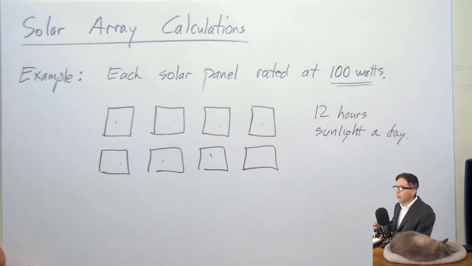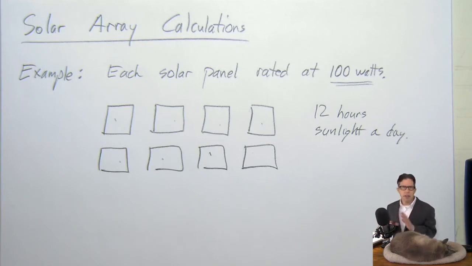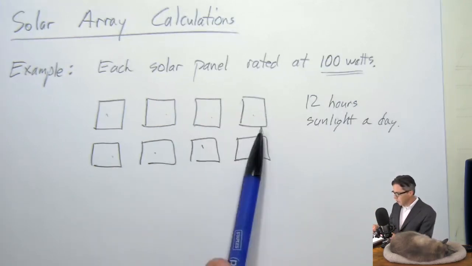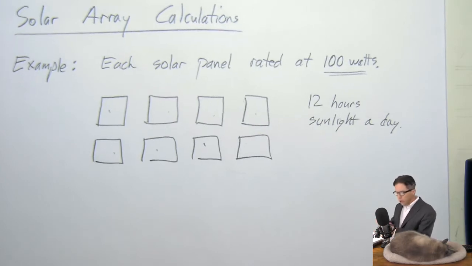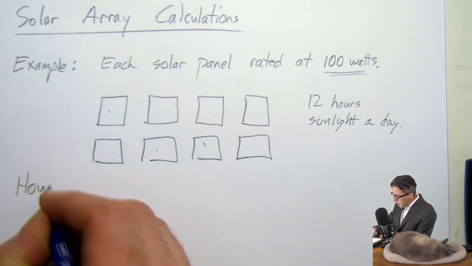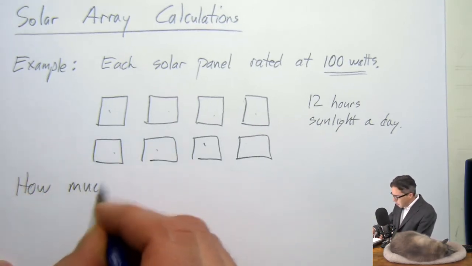For simplicity, let's imagine it's 12 hours all throughout the year. We're going to assume that we're in direct sunlight so that each one of these is getting the full 100 watts. So my question might be, how much energy do I generate in a year?